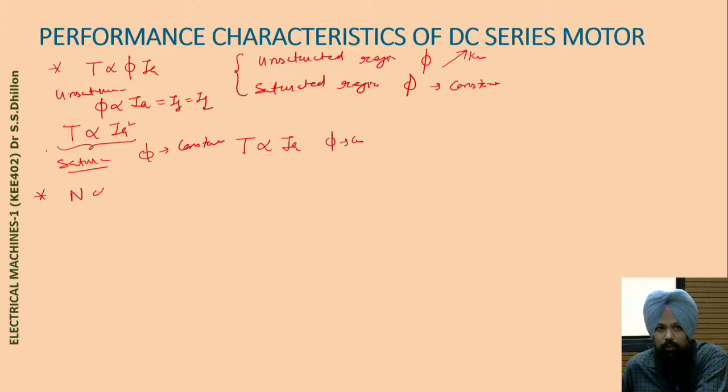Similarly, speed has two conditions. Speed N is, we know, Eb by flux, or directly proportional to (VDC minus Ia into Ra) divided by flux.